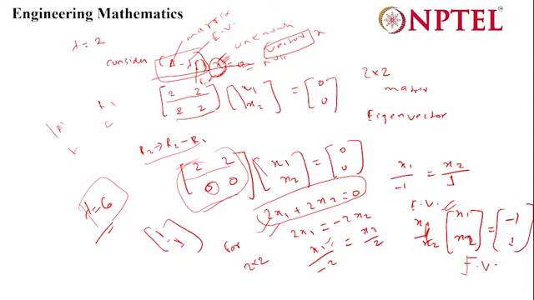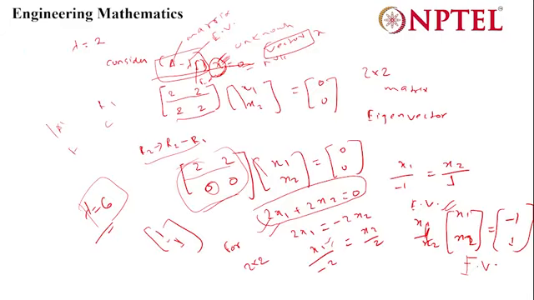Suppose this is your i and j, and this vector is your eigenvector. So this is a vector. In this direction, you can do any kind of linear transformation, and that will also be your eigenvector.